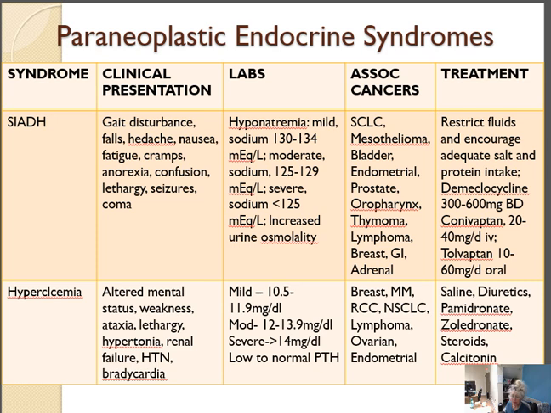Lambert-Eaton myasthenic syndrome is interesting because these are antibodies against presynaptic P/Q-type calcium channels at the neuromuscular junction, also seen in small cell lung cancer. So small cell lung cancer's got a lot of symptoms. It's got Lambert-Eaton. It's got the paraneoplastic cerebellar degeneration with anti-Hu.